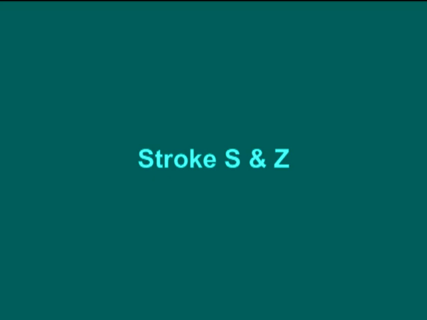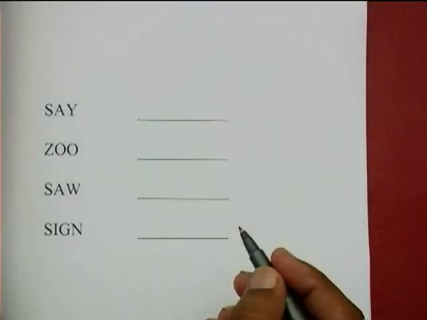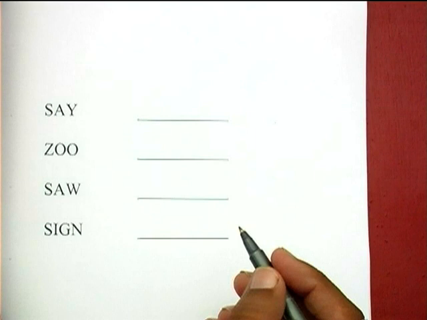First, we will take up stroke S and Z. When S and S or Z stand alone, the strokes S or Z are applied and not the circle S, because in the latter case there will be no place to represent the vowel.